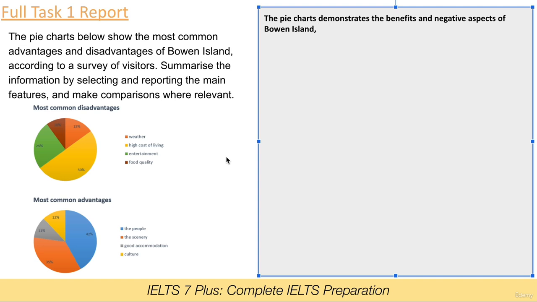According to a group of, or taking into account... maybe we could say the pie charts demonstrate, I was right the first time, the thoughts from holidaymakers regarding the benefits and negative aspects of Bowen Island.